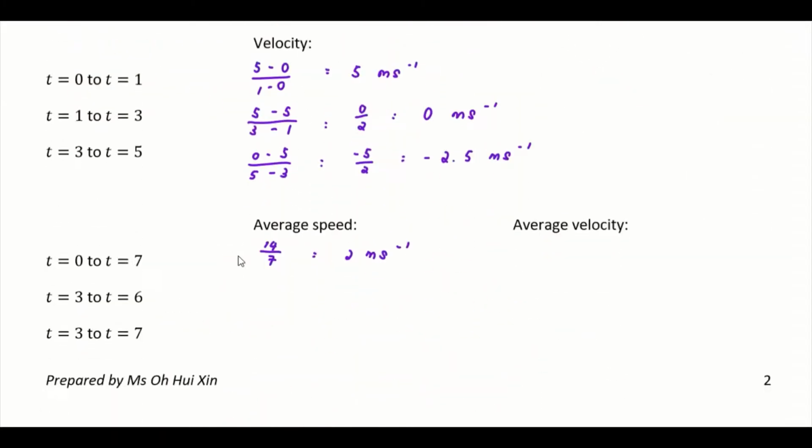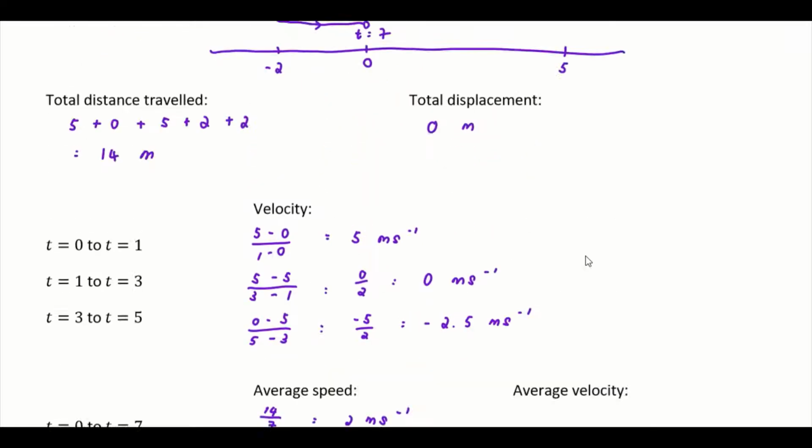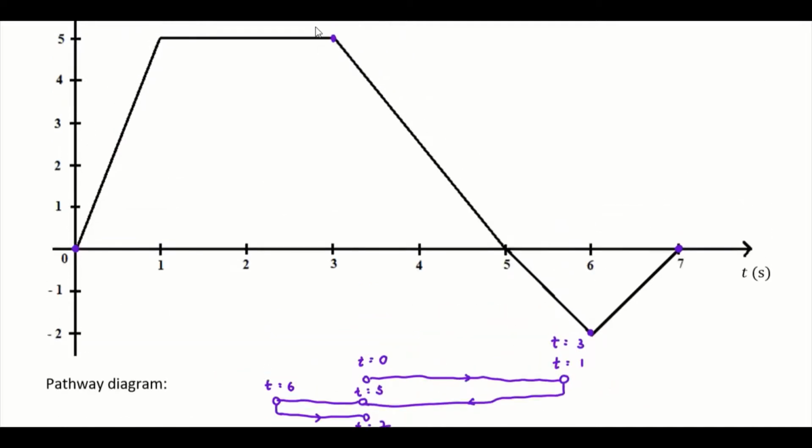Or you can just use 5 minus -2 and you will get the answer as well. What is the total time? It's 6 minus 3, so it will be 7 over 3. I'm not going to change it, but if you want to change it, then it will be 2 and 1 over 3, so 2.33 meters per second. That's the average speed, because referring to the graph, you will have two different velocities involved here. The gradient here and the gradient here are actually different.